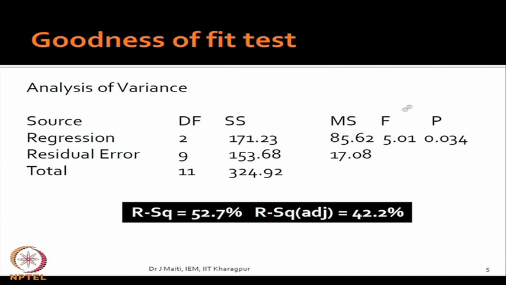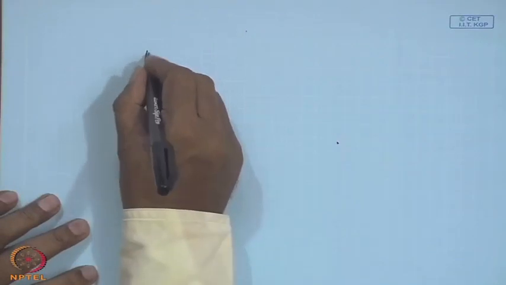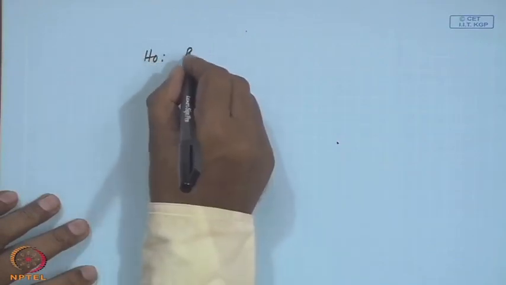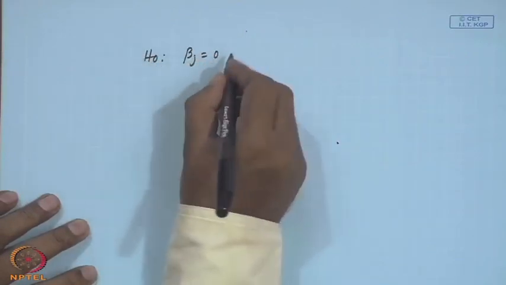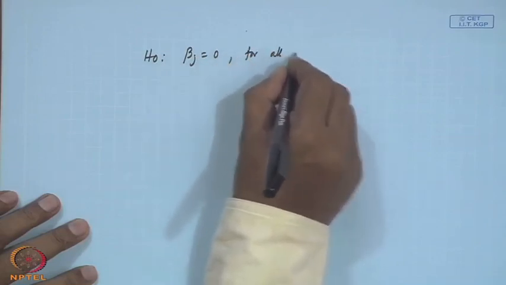What are we testing here? I think you can understand this in reference to ANOVA. So, when you make this type of ANOVA table, our null hypothesis is that beta j equal to 0 for all j.